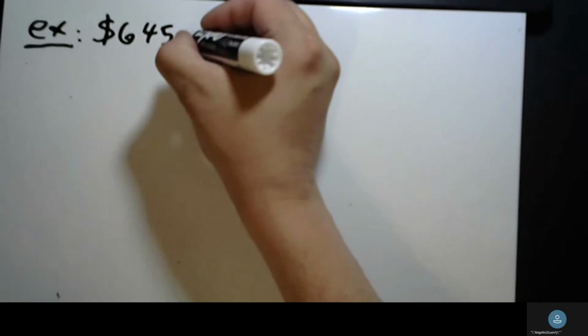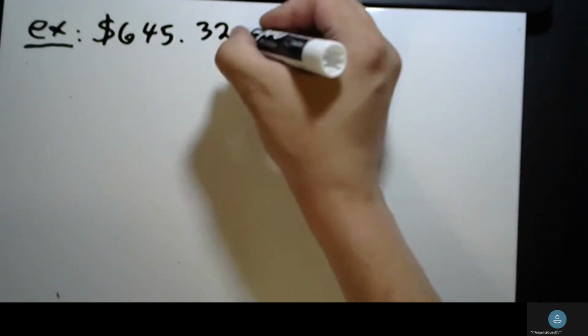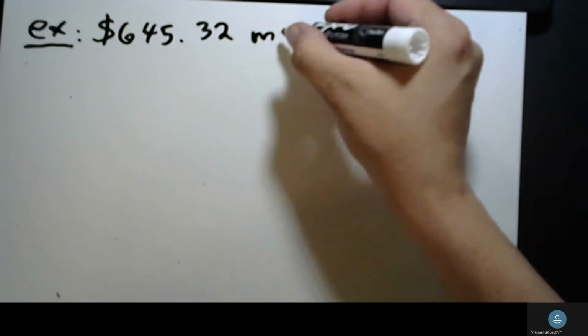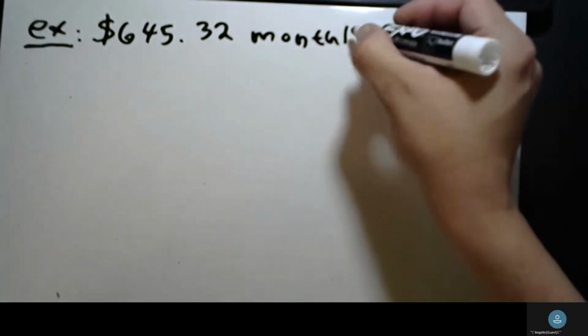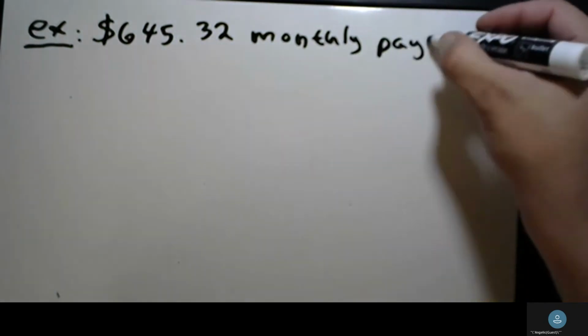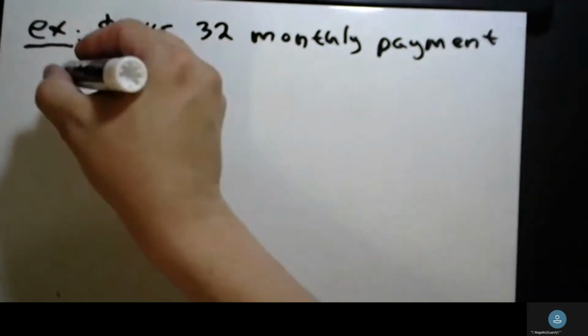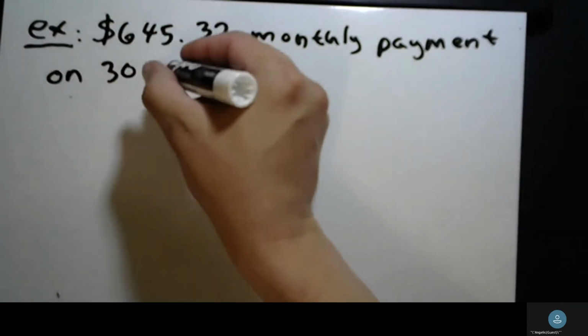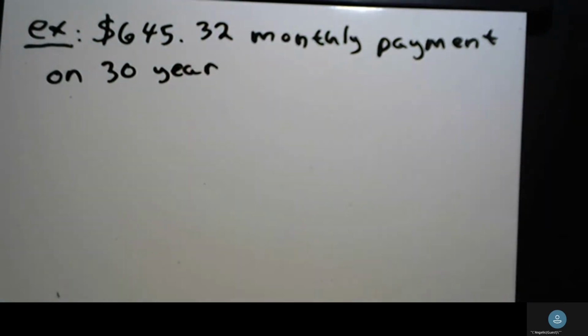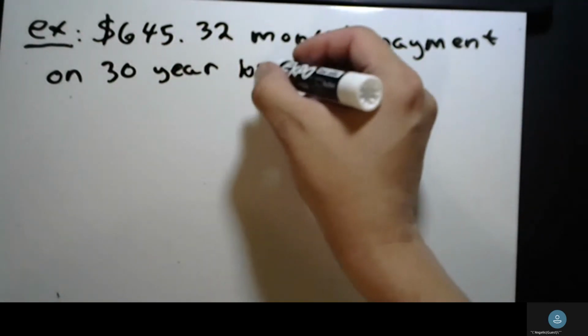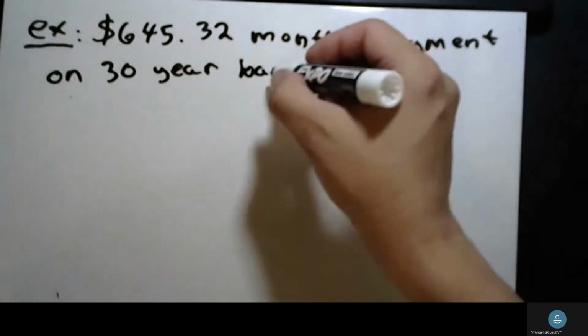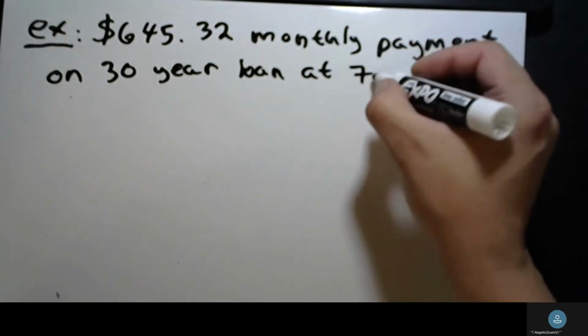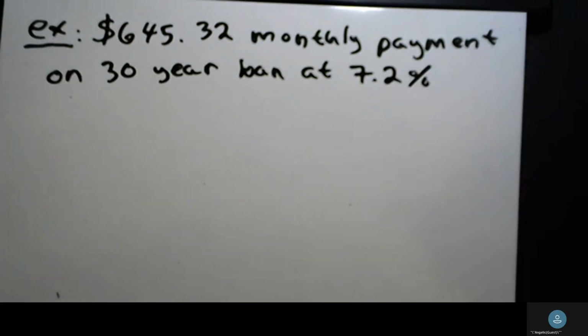So let's say you have a $645 monthly payment on a 30-year loan or mortgage at 7.2%.